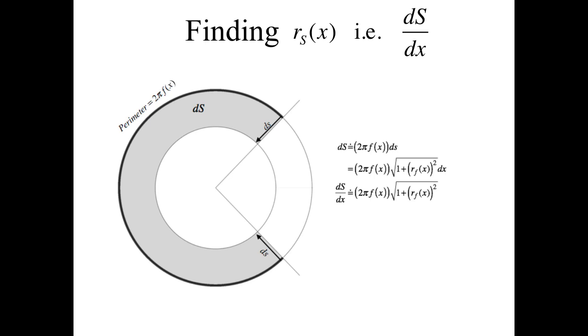So there's our rate of change of surface area. It does have the 2 pi y that we came up with, but now instead of 2 pi f of x dx, it's 2 pi f of x ds. It's the ds now instead of just dx.